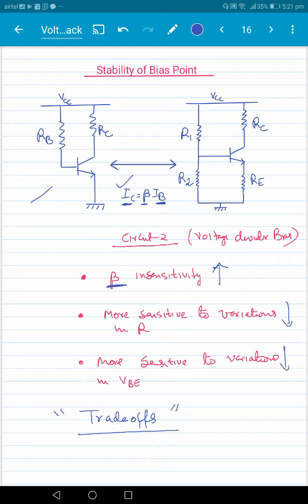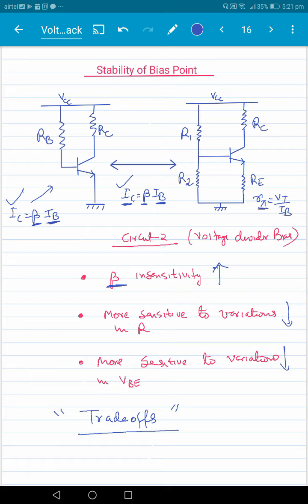While in the first circuit, this relationship is still valid. So IB was stable, and as a result of variation in beta, IC was varying. And in the next circuit, IC is stable, and a variation in beta results in variation in IB here. Now variation in IB is also a problem, because note that R pi, for example, a small signal parameter, Vt by IB, depends on the value of IB here.